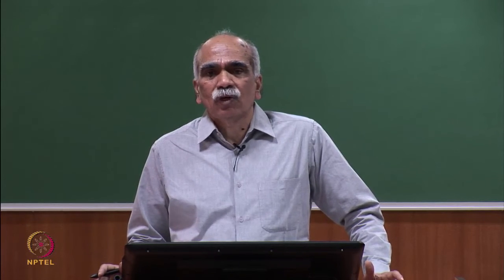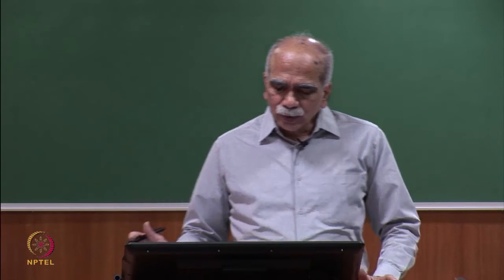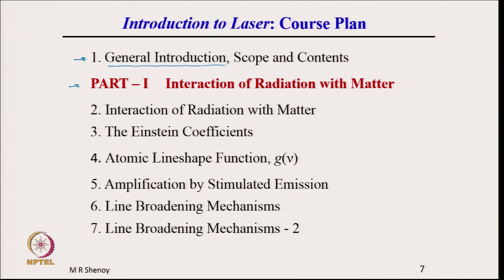It is a coherent source of electromagnetic radiation, and therefore, we picked up in part 1 the interaction of radiation with matter, and in this we started with the Einstein coefficients, then we introduced atomic line shape functions and discussed the condition for amplification by stimulated emission, and then we introduced line broadening mechanisms which determine the line width of emission of the laser. So, we discussed both homogeneous and inhomogeneous broadening mechanisms.